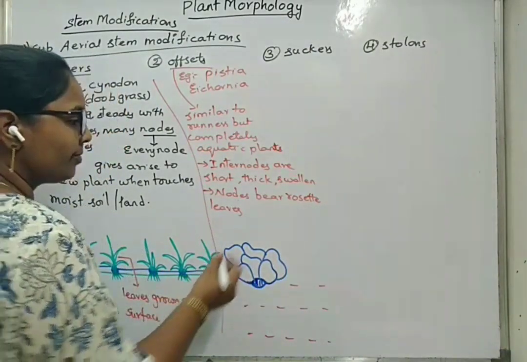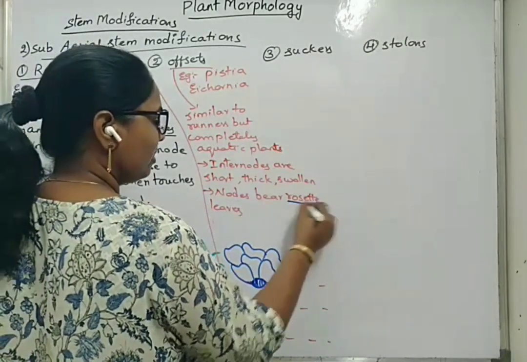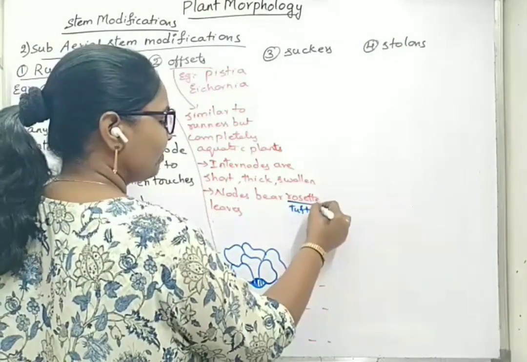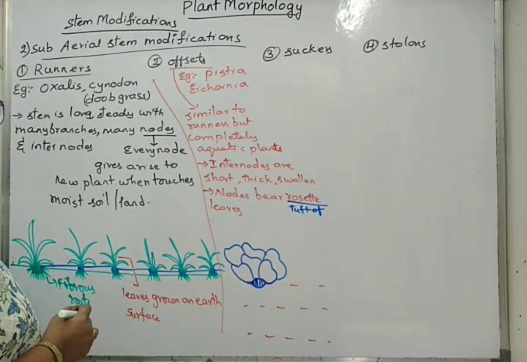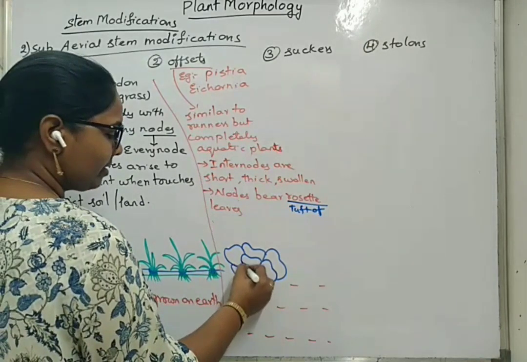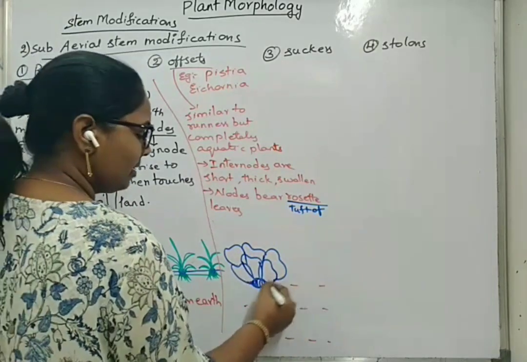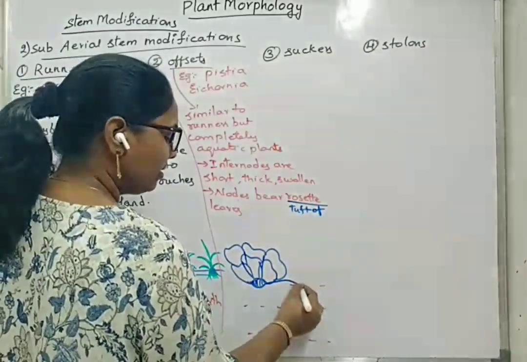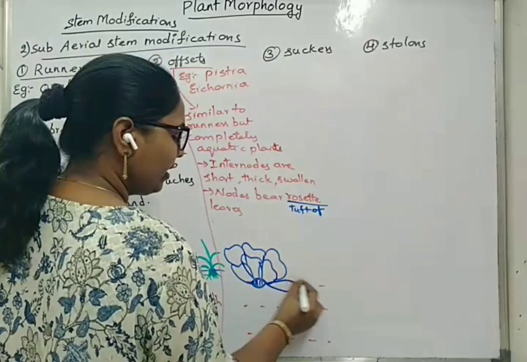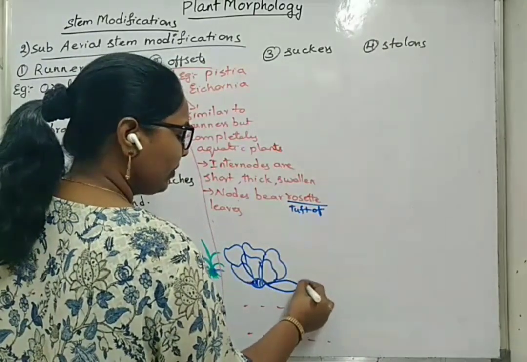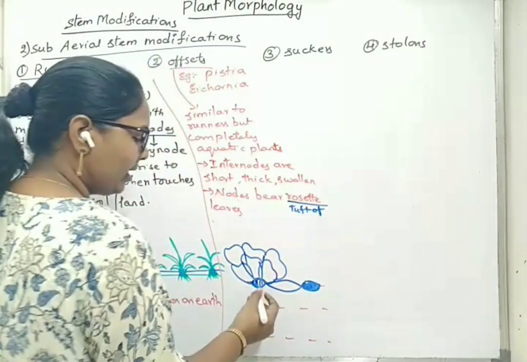A tuft means many number of leaves. So here one internode, it is swollen again, and here another node will be. So we are labeling this one.